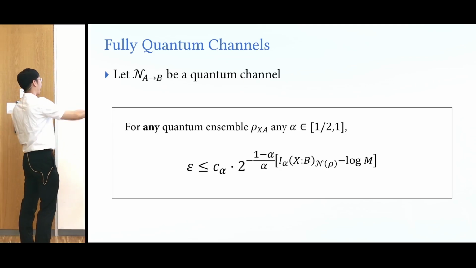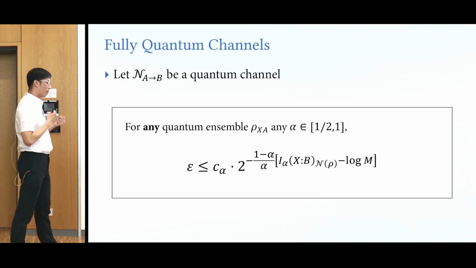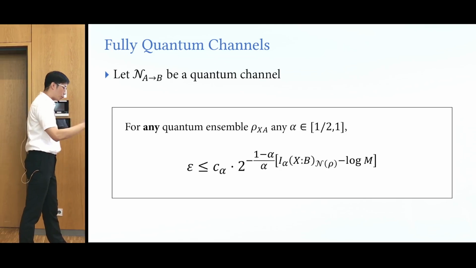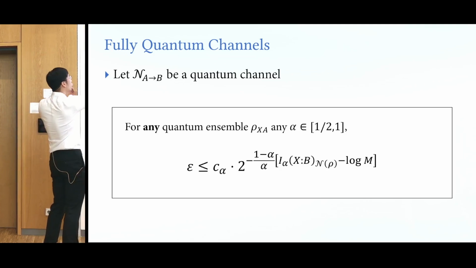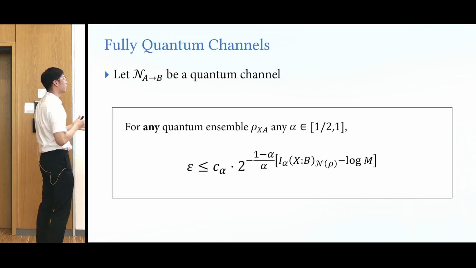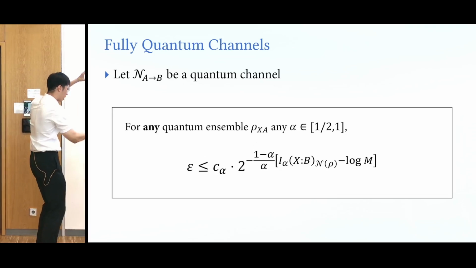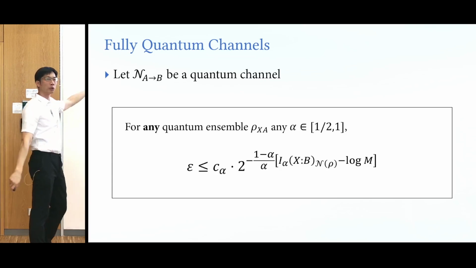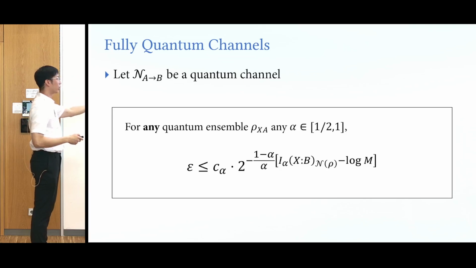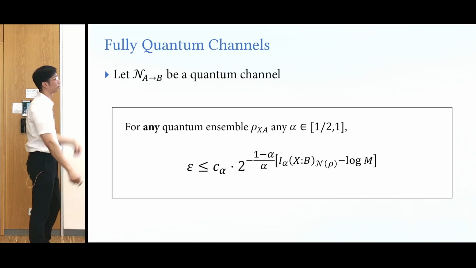I don't expect it to be additive, but in my opinion, we only need regularization in the converse. For achievability, the bound holds for any quantum ensemble. You don't necessarily have to prepare some entangled ensemble across several inputs. You can just pick one. And if the channel is nice, with some product structure, we have a multiplicative bound.